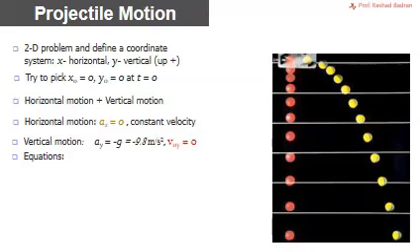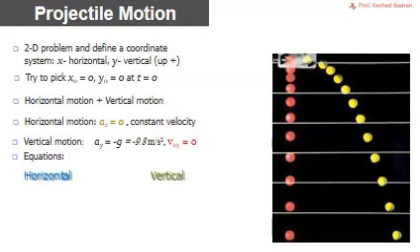In this simple case, when you shoot the ball horizontally, the initial angle theta naught is 0. That's why v naught y, the y component of the initial velocity, is 0, because sine theta naught is 0, and v naught y is nothing more than v naught sine theta naught.